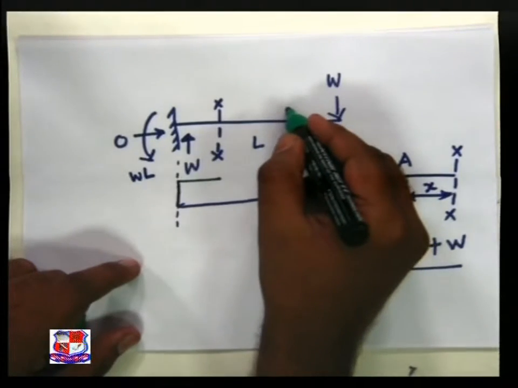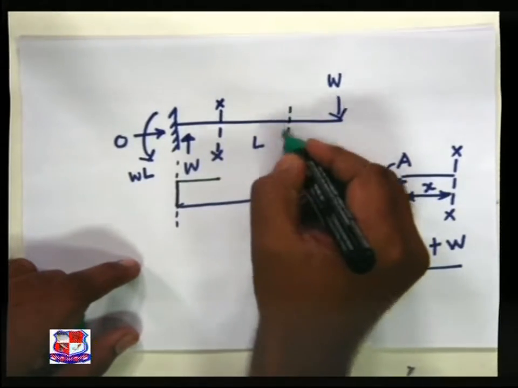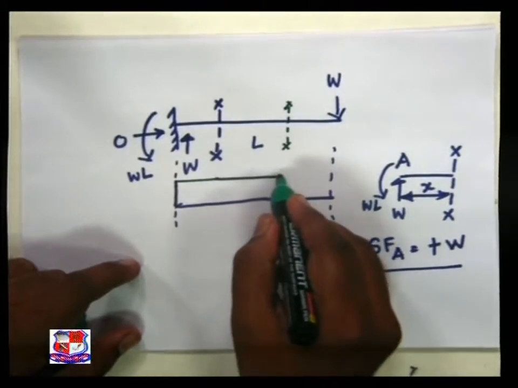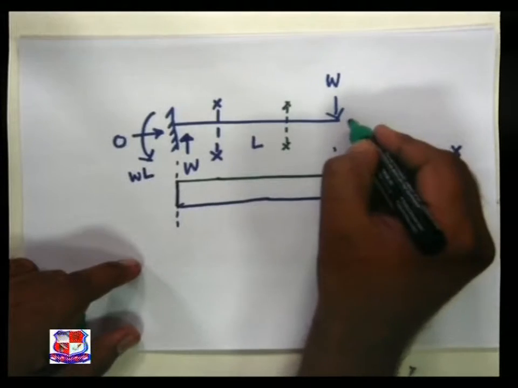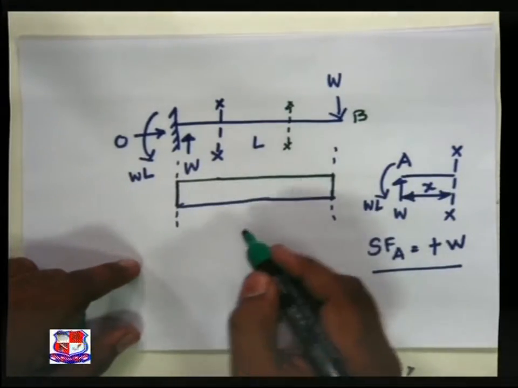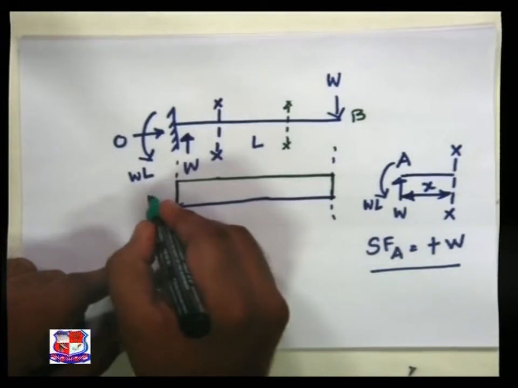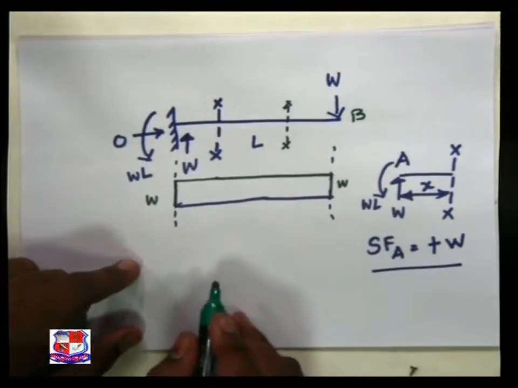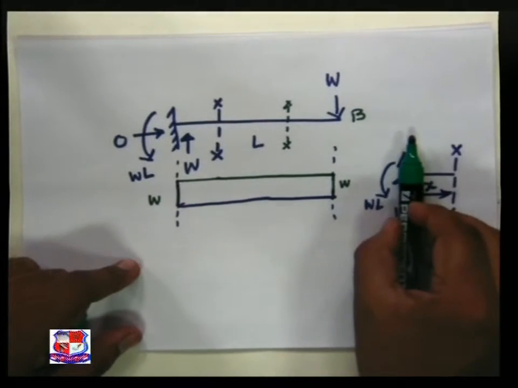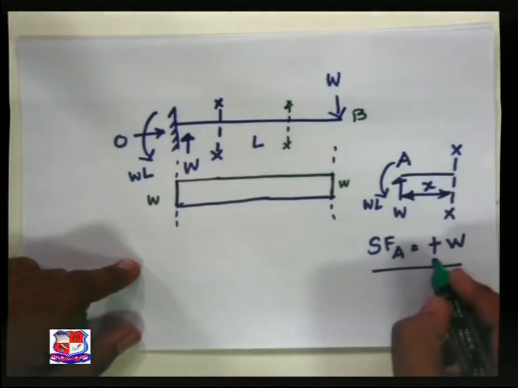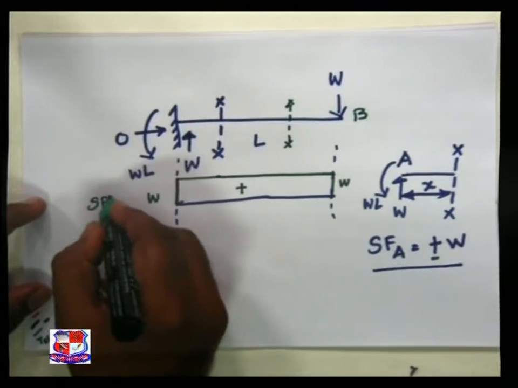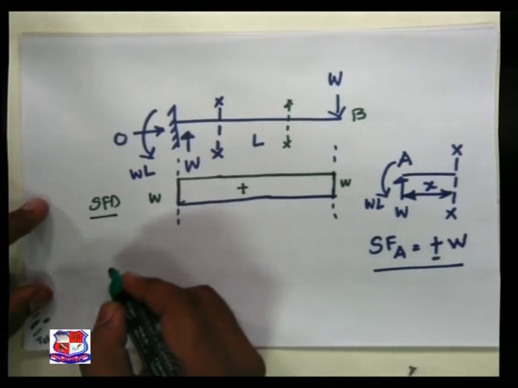So if we take a section over here XX, this remains W throughout till the section B. And about the sign convention, section left upward is treated as positive, so this is positive. So this is our very simple shear force diagram.